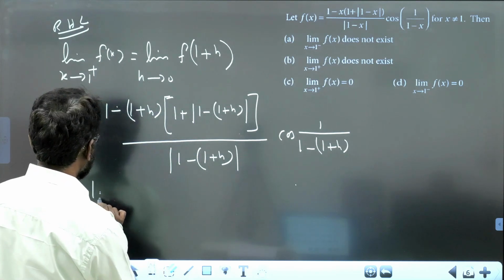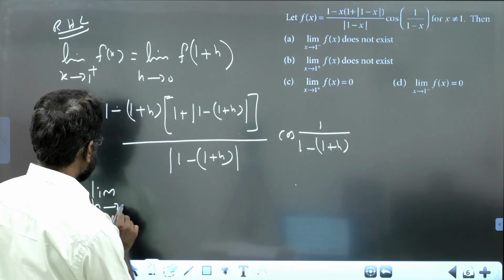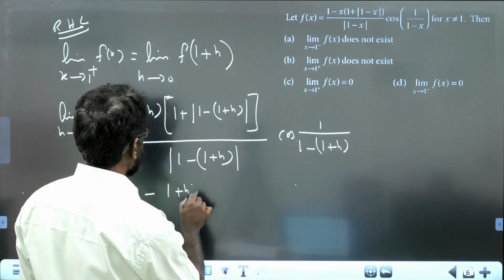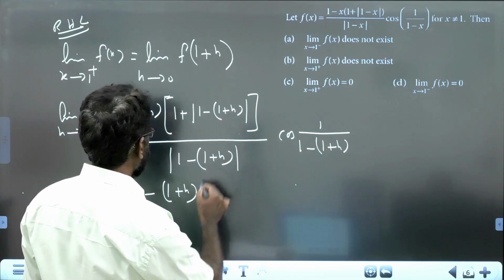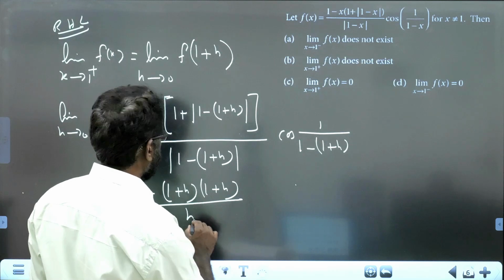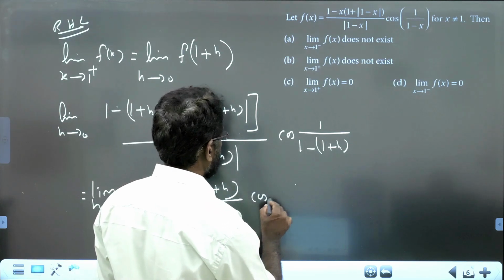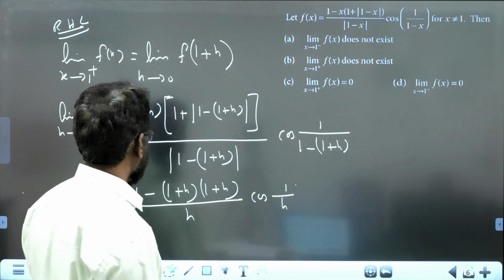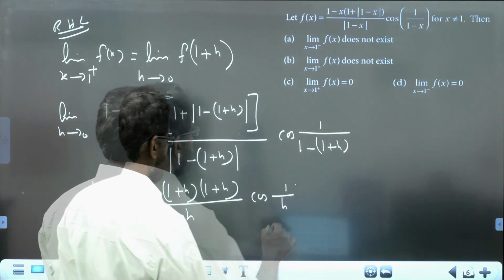That is limit h tends to 0 of (1 minus 1 plus h). After subtracting we will get this is also (1 plus h) divided by h, cos 1 by h. Cos of minus theta is cos theta, so cos 1 by h.